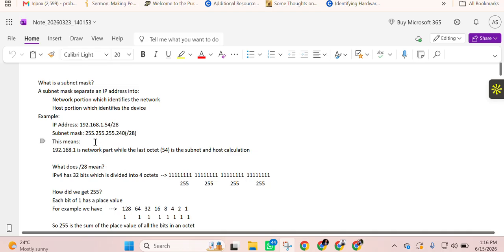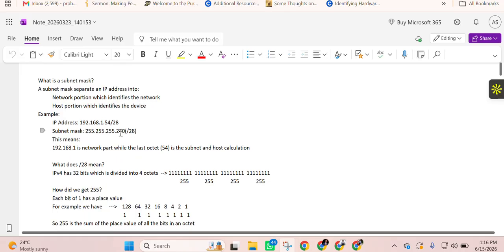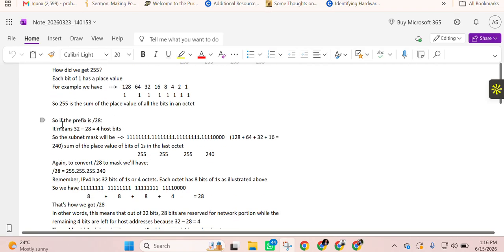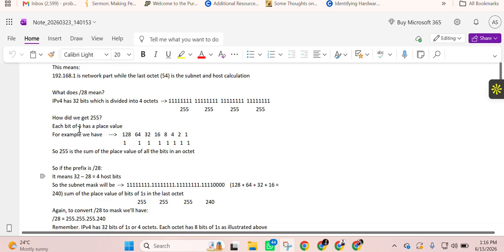Okay, so remember that our subnet mask here is 255.255.255.240. The last octet is not up to 255, so that's what we are trying to explain here. I actually omitted something here.